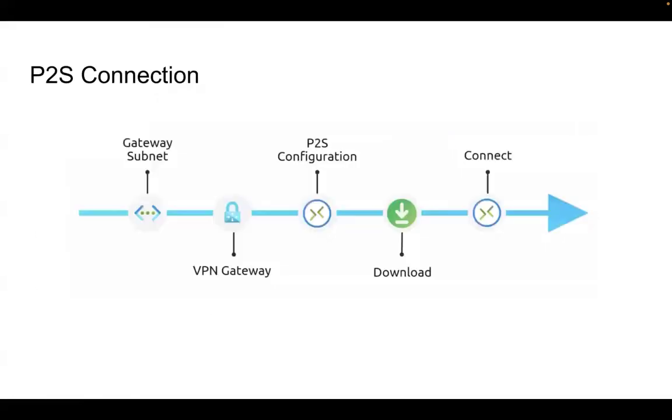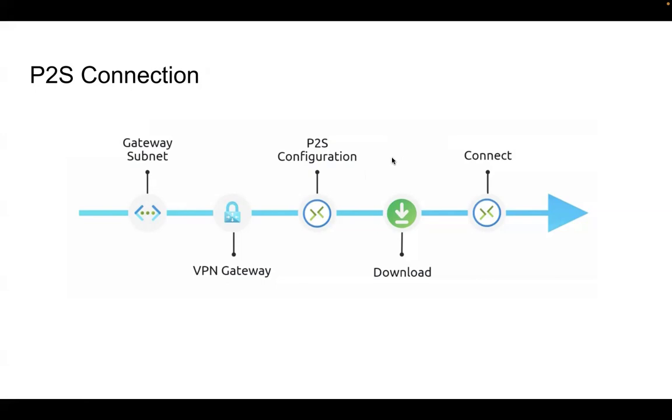Similarly, point to site is also the same. The only thing is, we are also configuring a VPN gateway, but while configuring it, we do the point to site configuration. We say this is the IP range you have to provide to the users who are remotely logging in, and you submit the configuration.